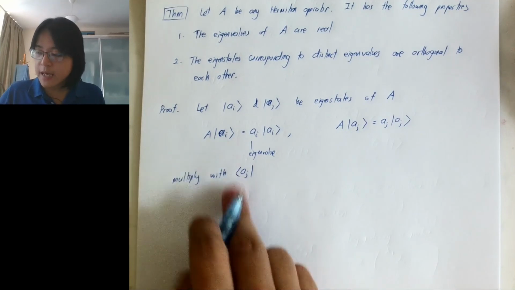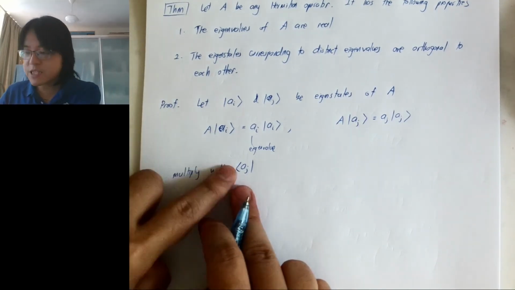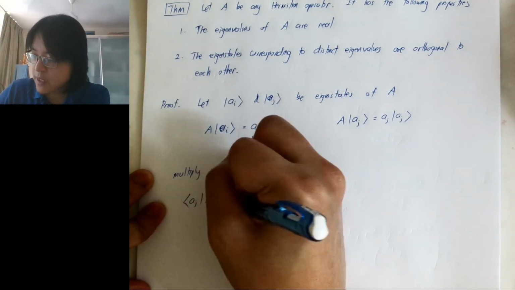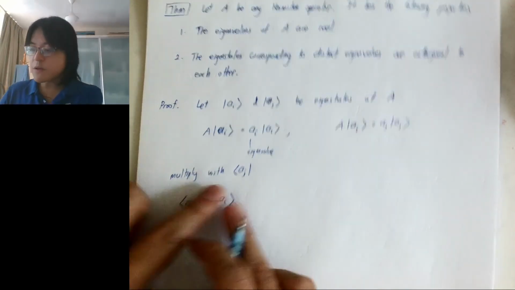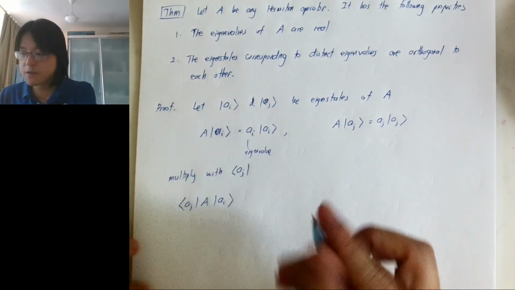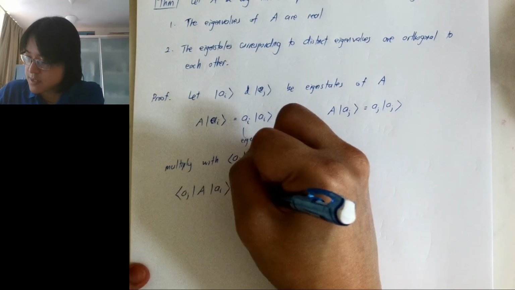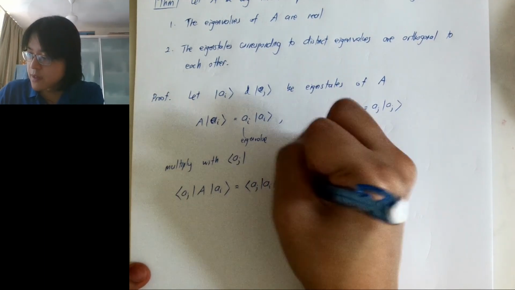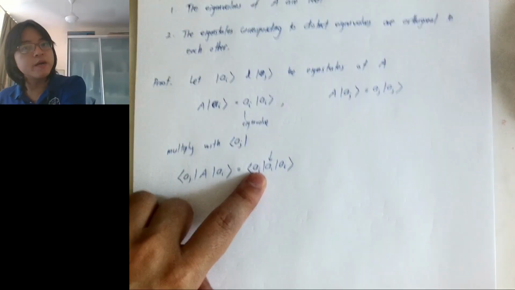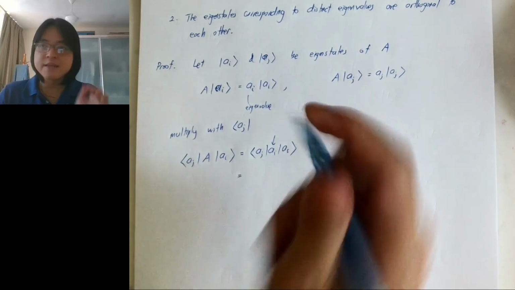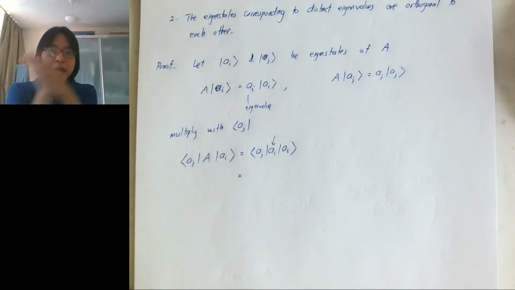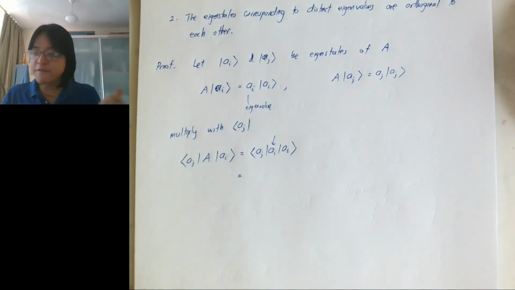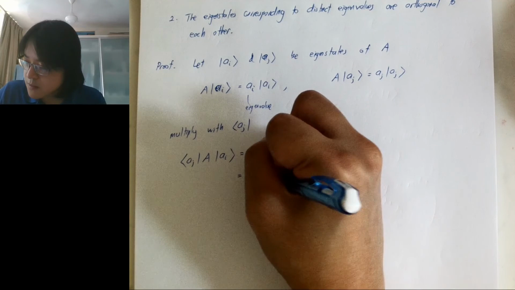So this is |a_i>, but let me purposely multiply with the <a_j| bra. So <a_j| A |a_i>, we do it on both sides of this equation. So this is <a_j|, and then this is |a_i>, and then this a_i. But remember, this is just a number. It's not an operator. If it's a scalar number, I can move it everywhere, even for vectors, even for integrations and differentiation, I can move it anywhere I want.